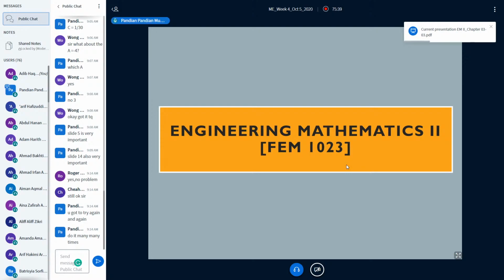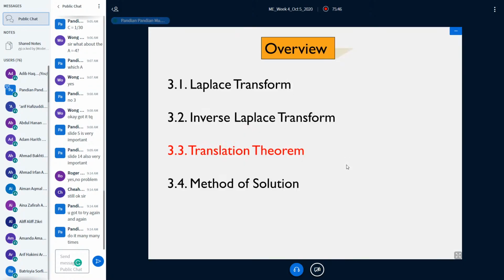Okay. So 3.3 is about the translation theorem.